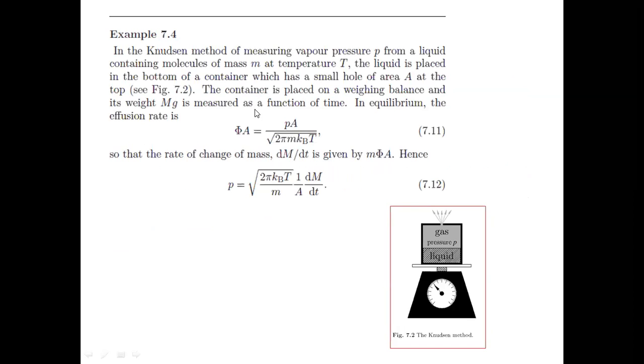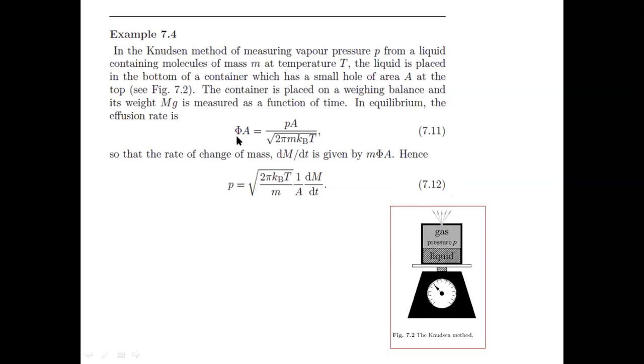Another example: in the condensation method of measuring vapor pressure P from a liquid containing molecules of mass m at temperature T, the liquid is placed in the bottom of a container which has a small hole of area A at the top. The container is placed on a weighing balance, and its weight mg is measured as a function of time.